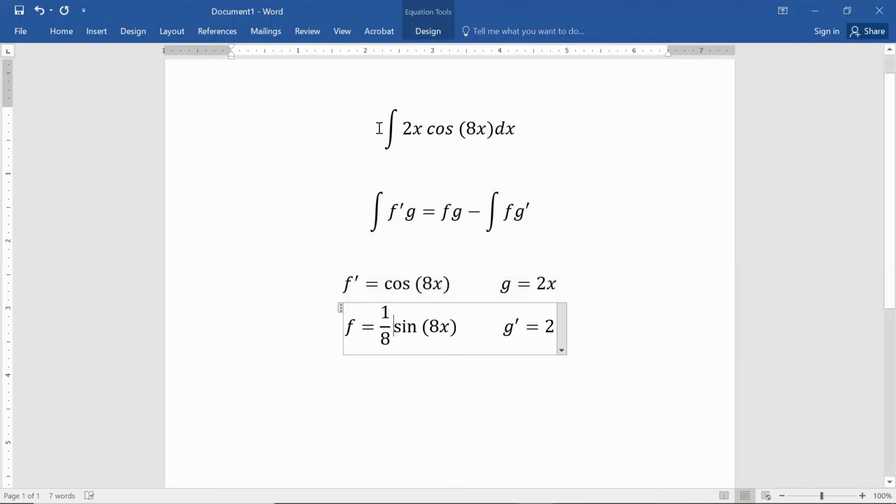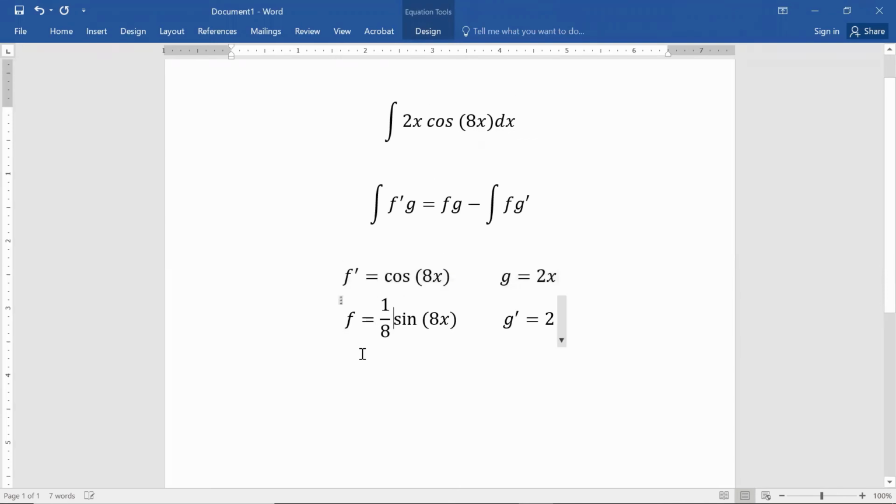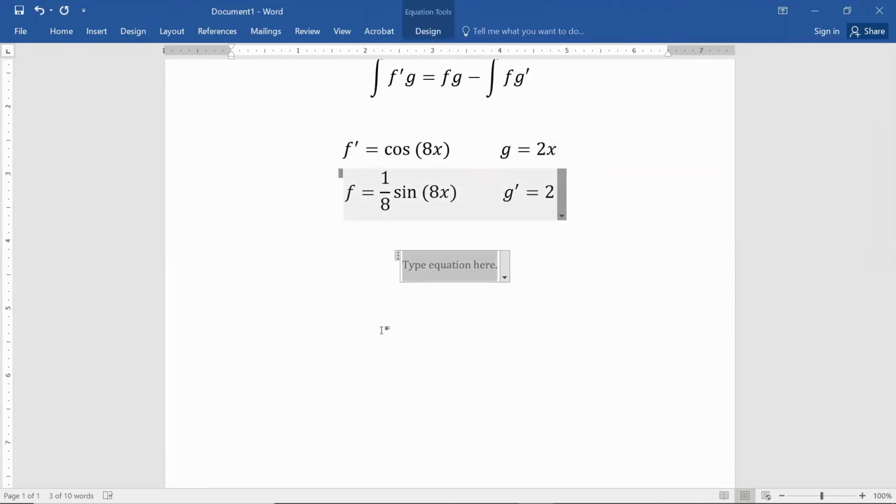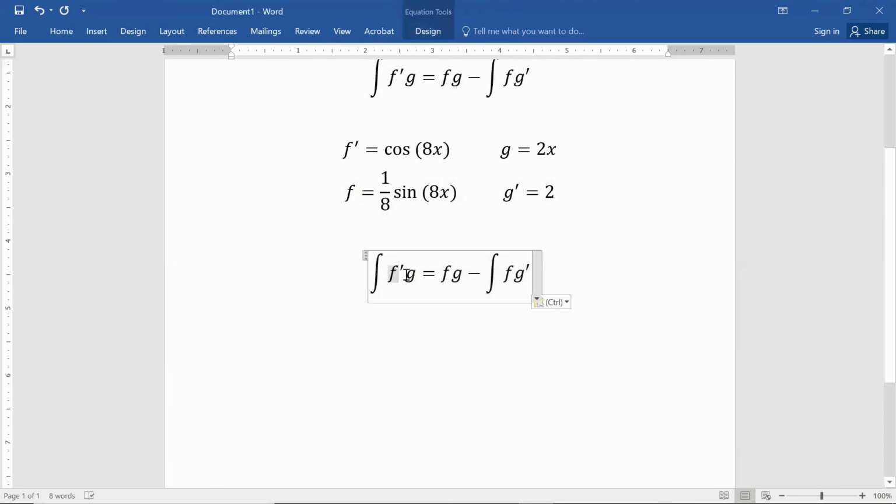This means this integration, the integration of f prime times g, actually let's replace it here. In this case, f prime is cosine of 8x. G is 2x. I'm going to put that in front just to make it look a little nicer. And we're integrating obviously with respect to x, is f times g.